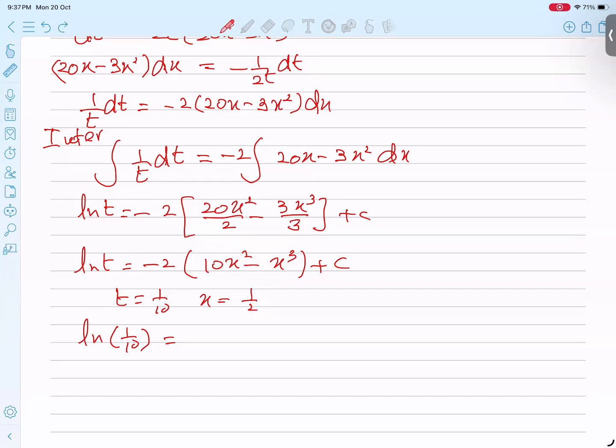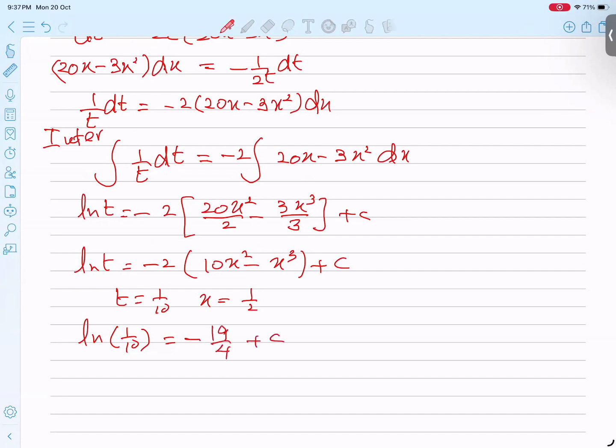So I got 10 over 4 and 1 by 8, and it is multiplied by negative 2. Wait a minute. So I'm getting negative 19 over 4. I got here negative 19 over 4 plus C.